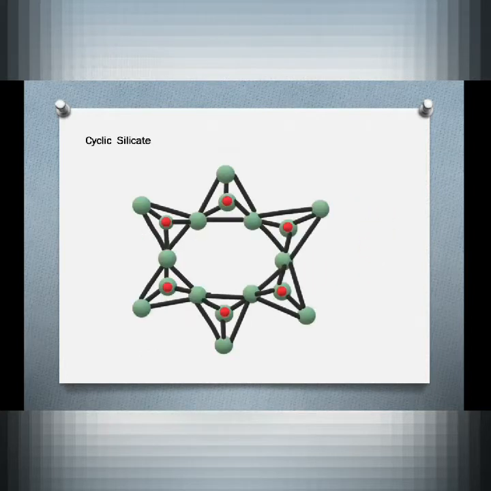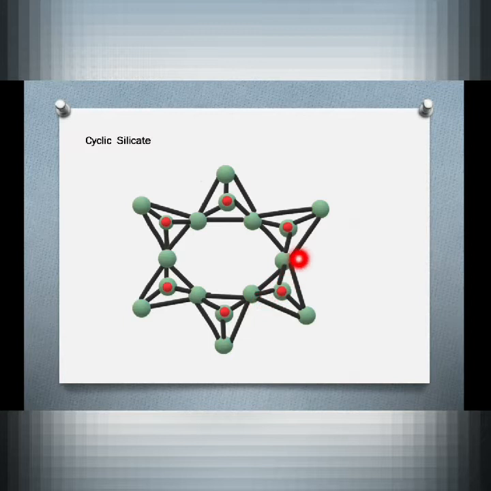Now another cyclic silicate is when 6 tetrahedral units are joined and form the cyclic silicate. From each tetrahedral unit, 2 oxygen atoms are shared by another 2 tetrahedral units. Just see this tetrahedral unit, this oxygen atom is shared by this tetrahedral unit, and this oxygen atom is shared by this tetrahedral unit. This is by 2, this is by 2.